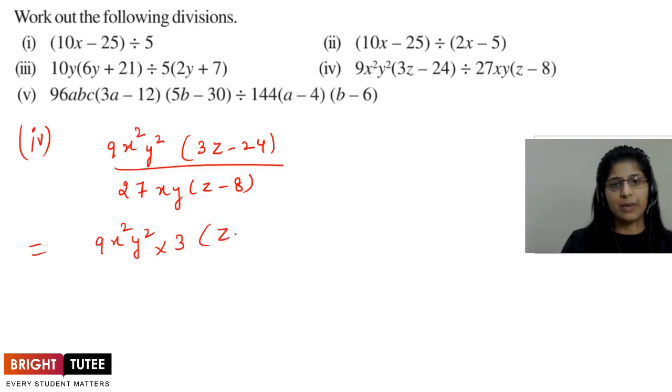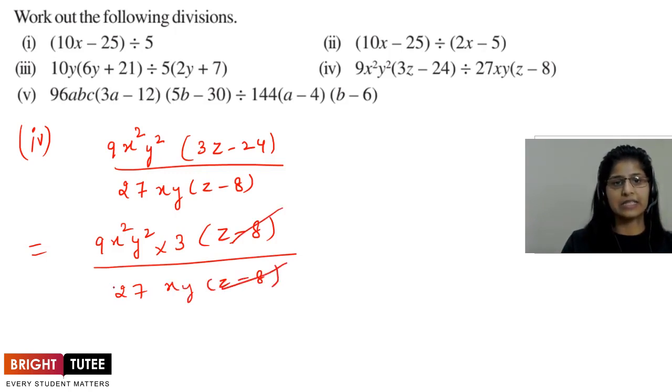So z minus 8 we will have, divided by 27xy into z minus 8. So they will get cancelled. Then 3 9s are 27, and 9 and 9 also get cancelled. x square upon x is just x. y square upon y is just y. So xy is the answer. So we've done 4 parts of the question.